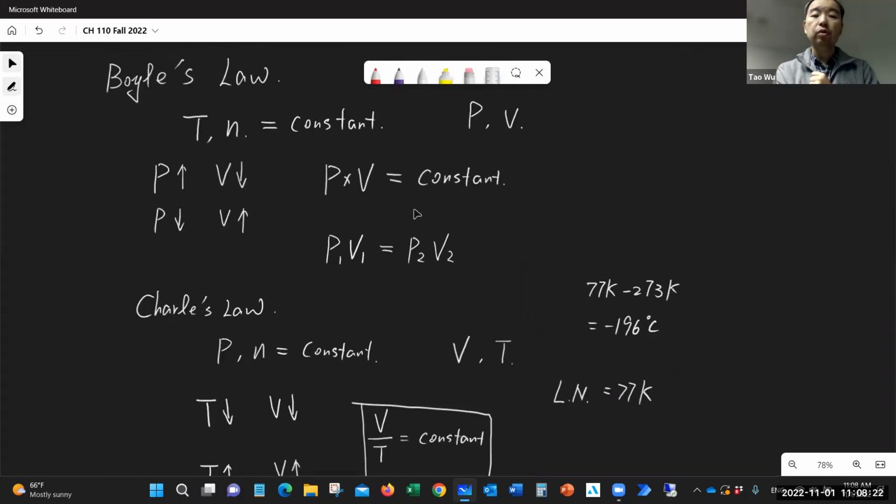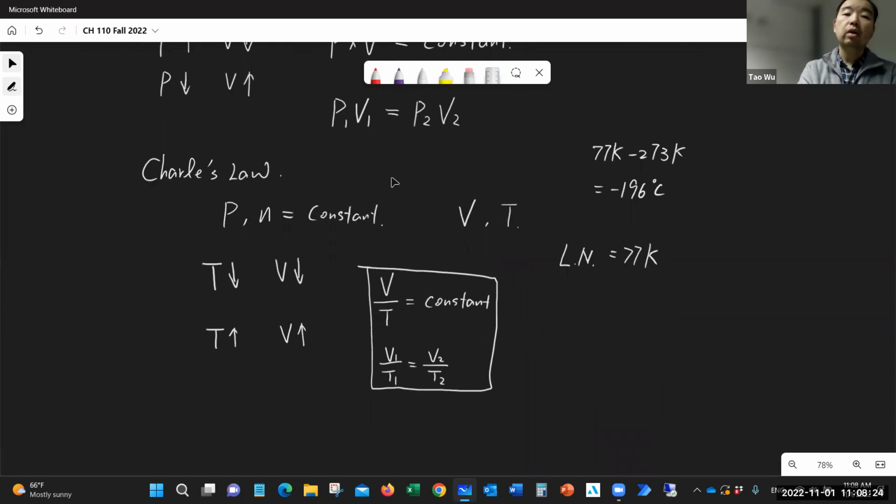Charles' law, we also talked about Charles' law. Charles' law talks about if we have pressure and moles of gas constant, what is the volume change when we change the temperature? And we saw the video, right? You put the balloon into the liquid nitrogen, then you will see it shrink when you take the balloon out.